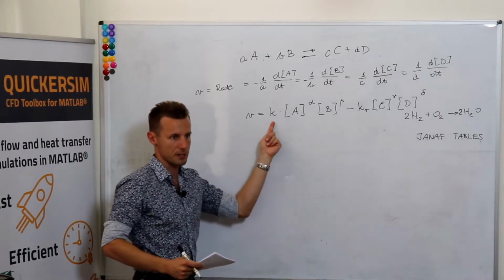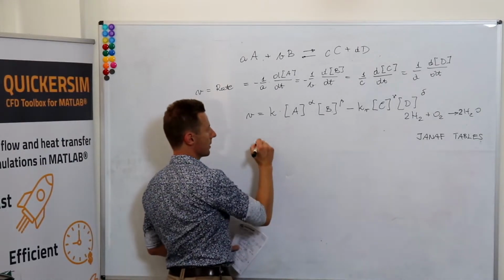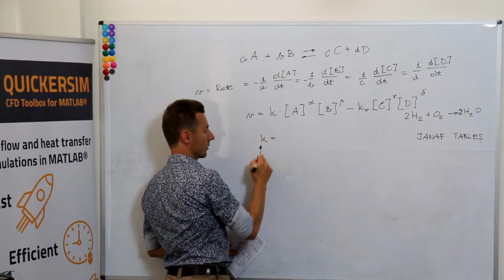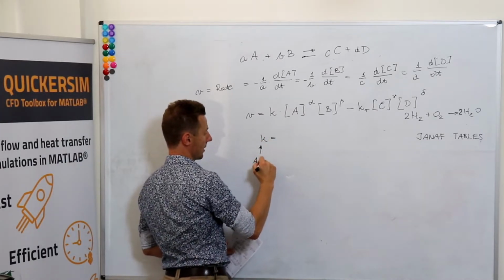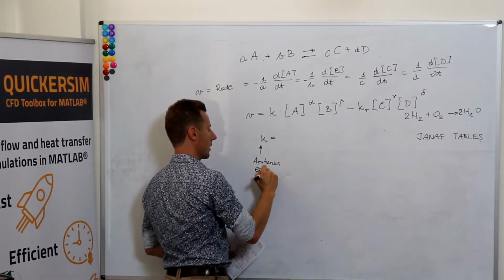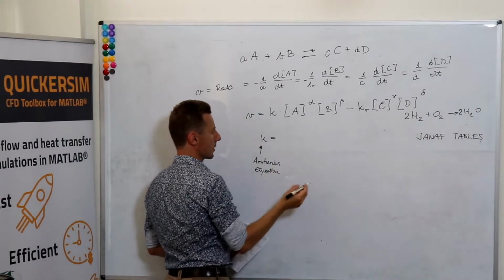Where do you take this one from? This one is something that is very, very often, or always, I haven't seen other cases, calculated from the Arrhenius equation.